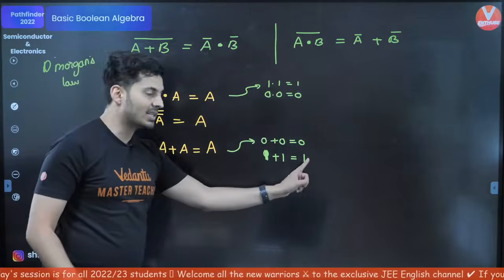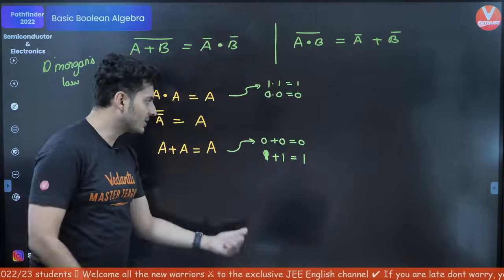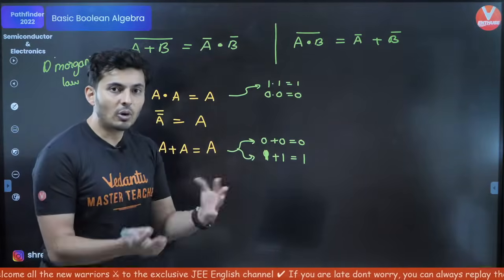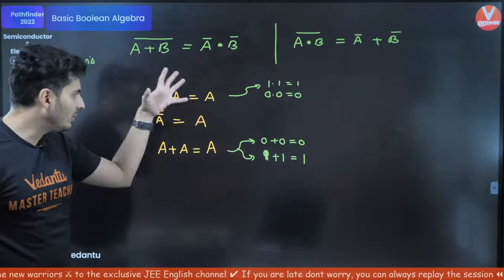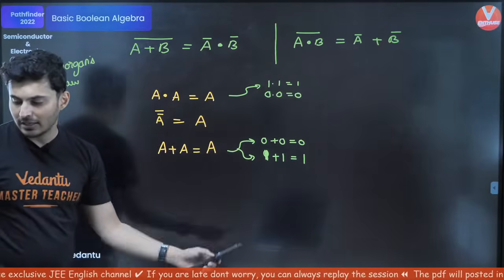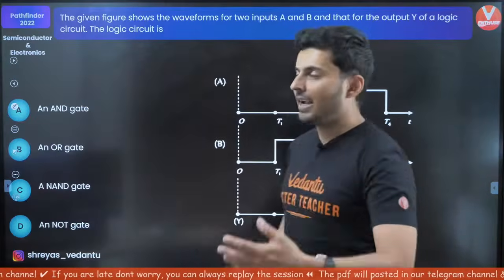Do not forget, 1 plus 1 is 1. 1 or 1 is 1. So it is still A. So it works for both the cases, and there are only two numbers which are possible, either 0 or 1. Hence it works. If you remember these few things, trust me, most of your jobs are done. Is that okay? Clear? Excellento? Let's solve some questions. You will get a hang of it.